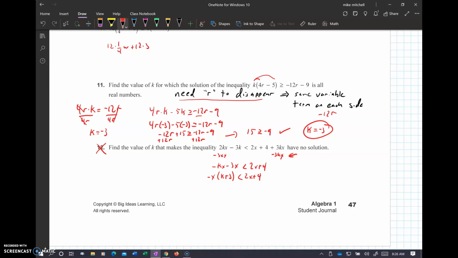So I need negative x times k plus 3 to equal 2x. Okay? If I divide by negative x, I divide by negative x. This isn't a real good step here. I can't legally do this, but I can't think of anything else because I can't divide by 0.